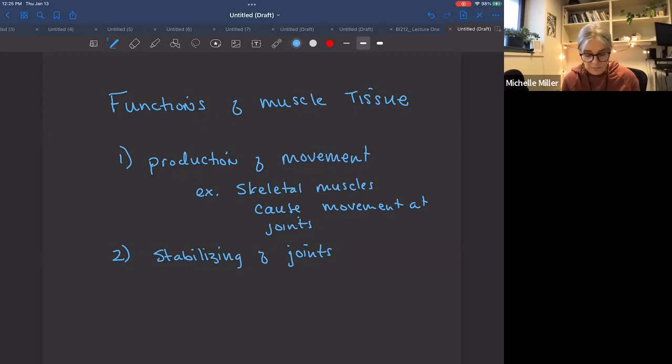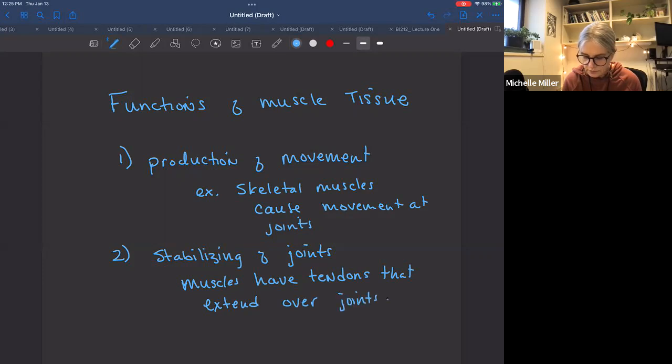So we can say that muscles have tendons that extend over joints. Having good muscle tone makes the joint more stable.